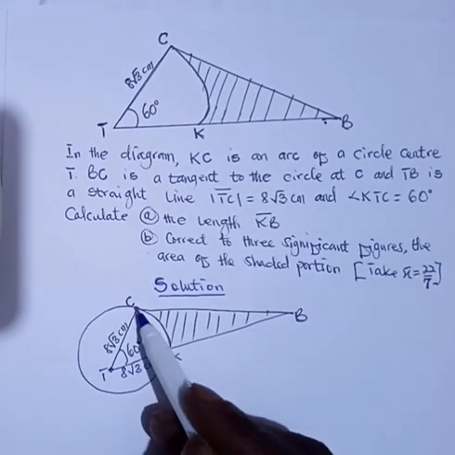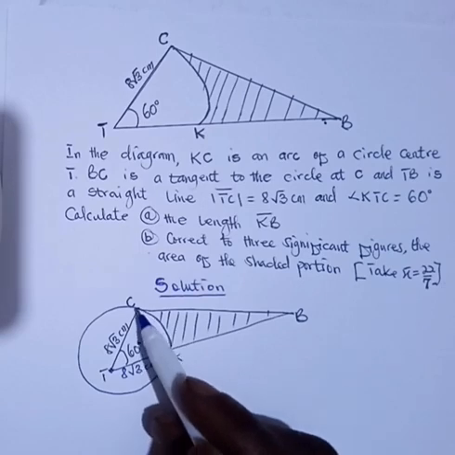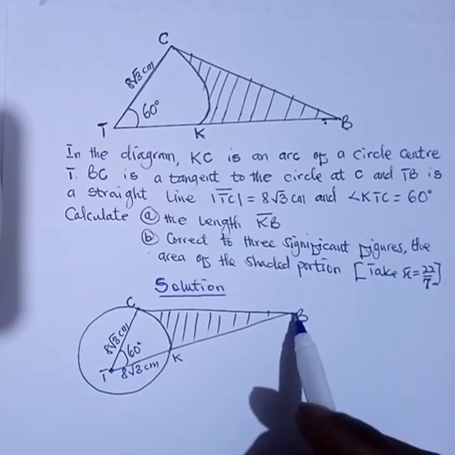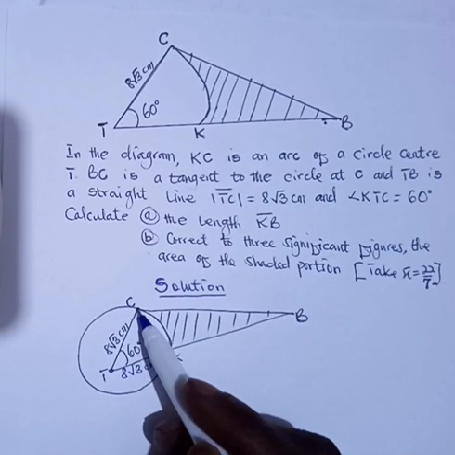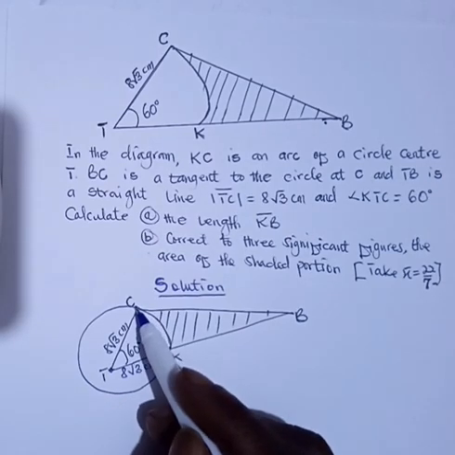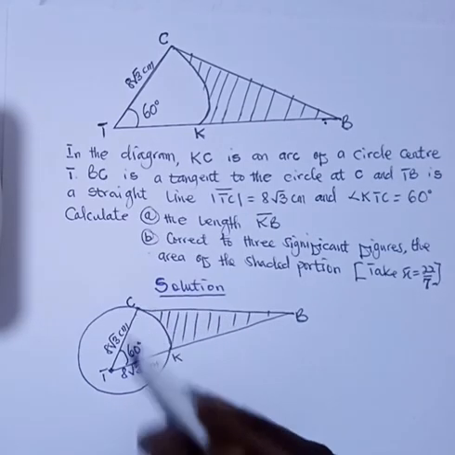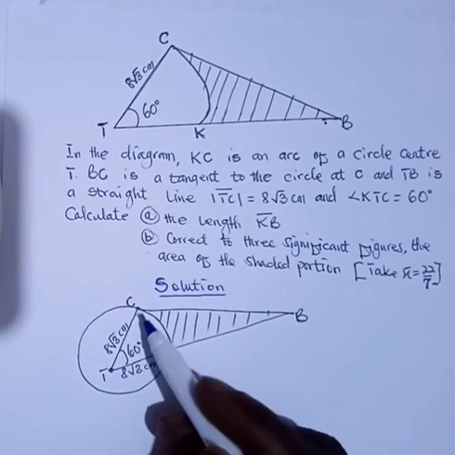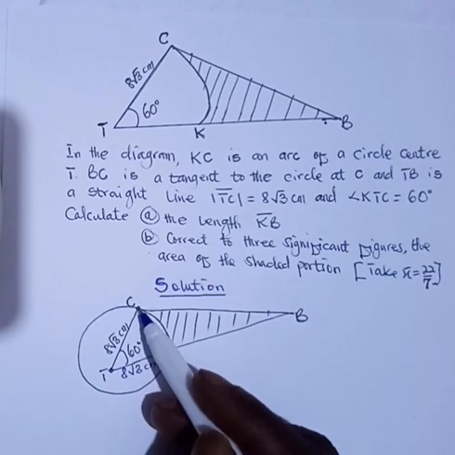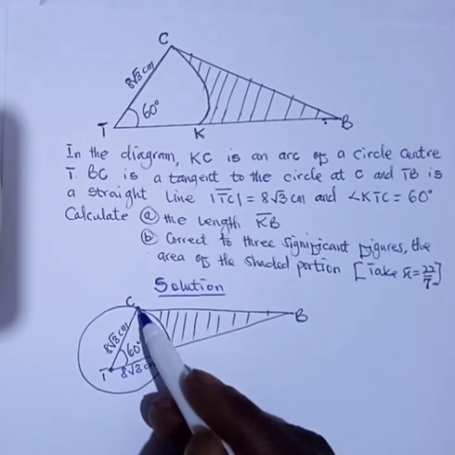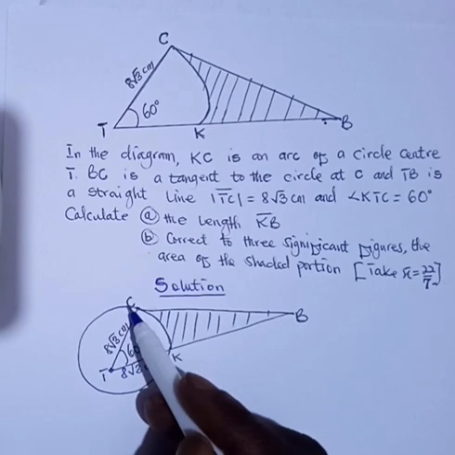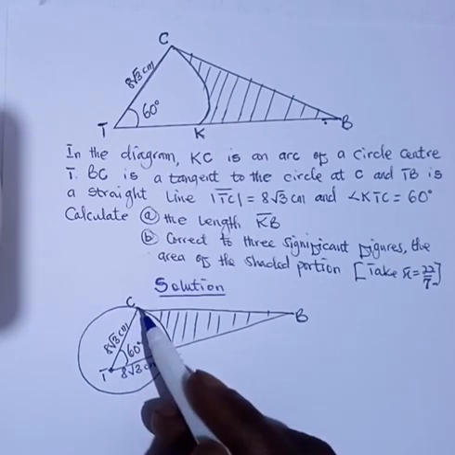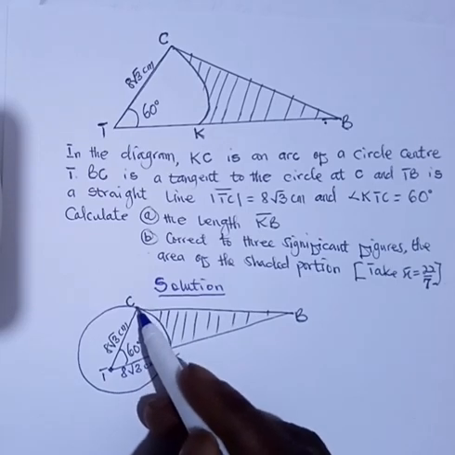Now, we are also saying that BC is a tangent line. BC is a tangent to the circle. The line drawn from the center to any point of the circumference, we know is the radius. But looking at where the tangent line passes, you see that it intersects with the radius.